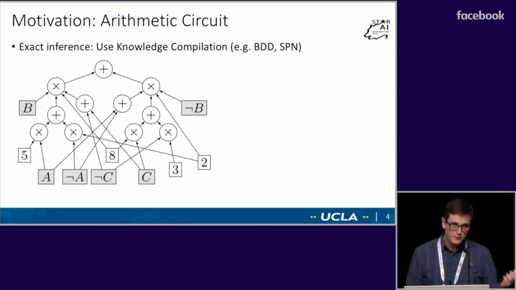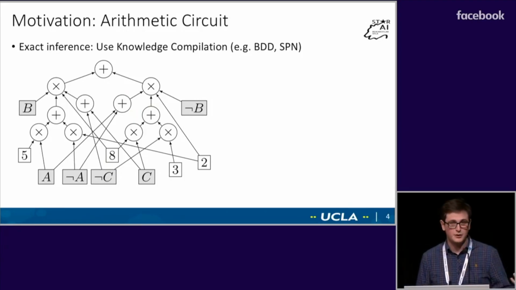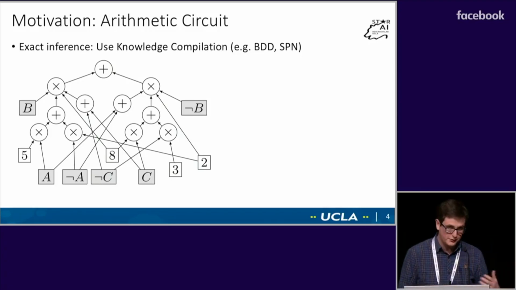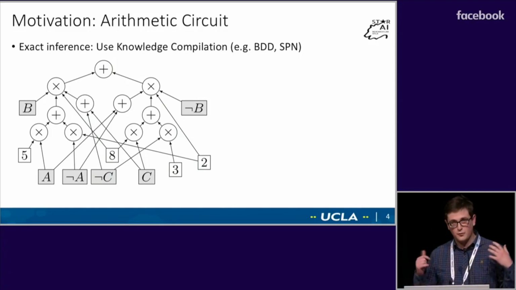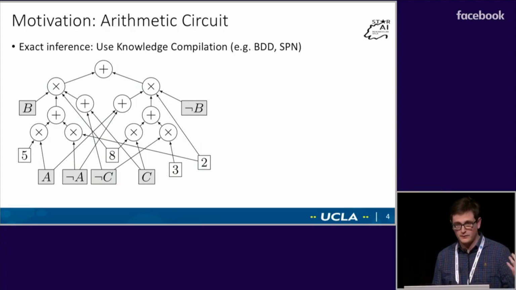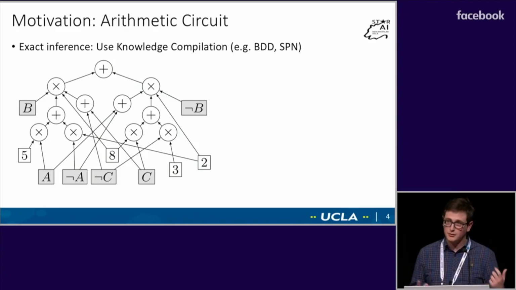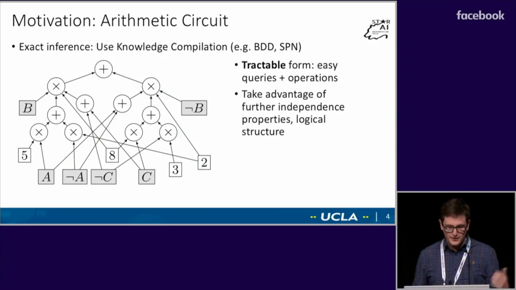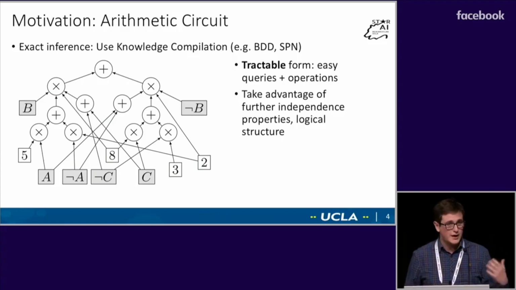So if we wanted to do exact inference, so to compute these probabilities exactly, what we would typically do is use what's called knowledge compilation. We'd build an arithmetic circuit representing the factor graph. You may have heard of a binary decision diagram or a sum product network. And then once we have that circuit, it's in what's called a tractable form.